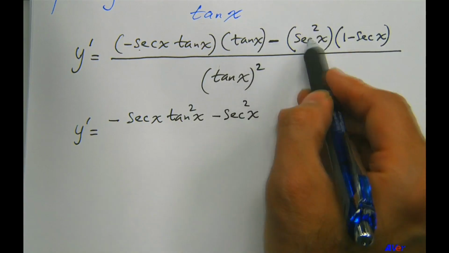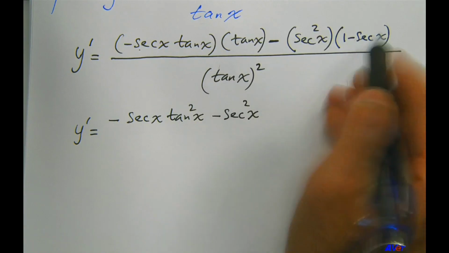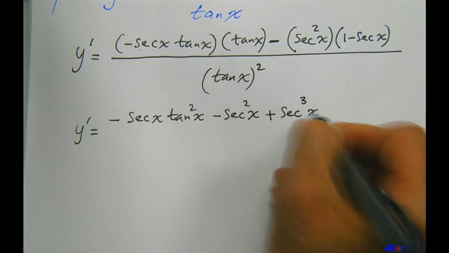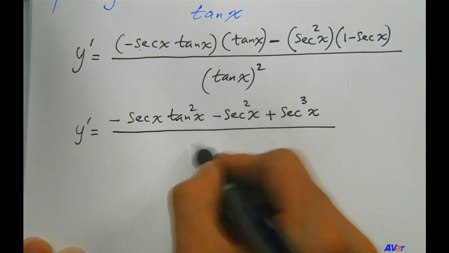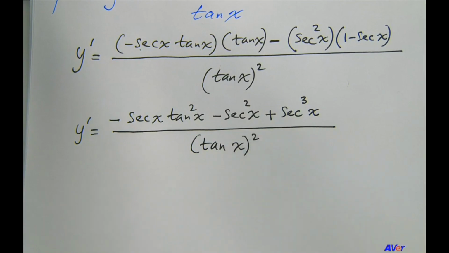Minus secant squared x times minus secant x is plus secant cubed x. Okay, all of that divided by tangent of x squared.